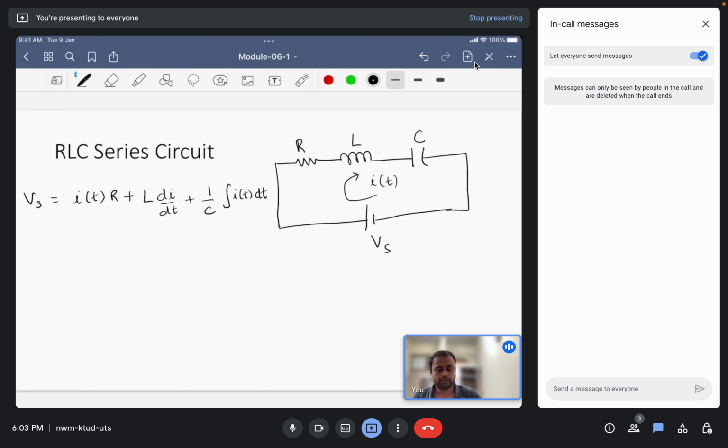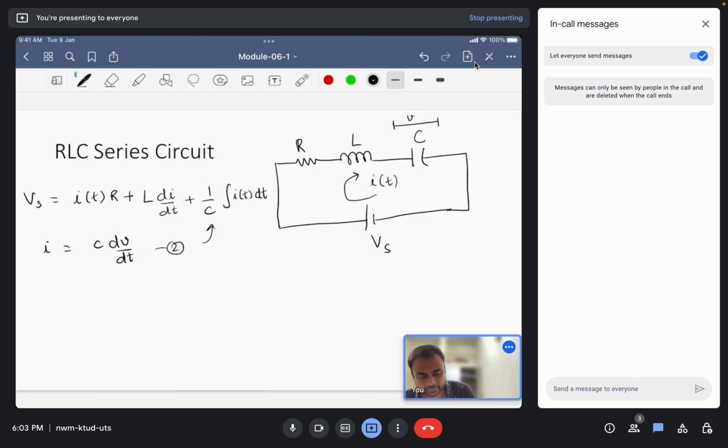We also know that if the voltage drop across the capacitor is small v, then the current will be C times the differential dv/dt. Now we can replace the term i in the above equation using equation 2. Let the earlier equation be 1.